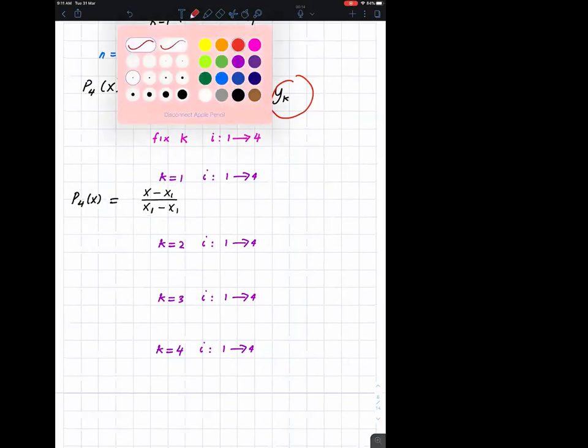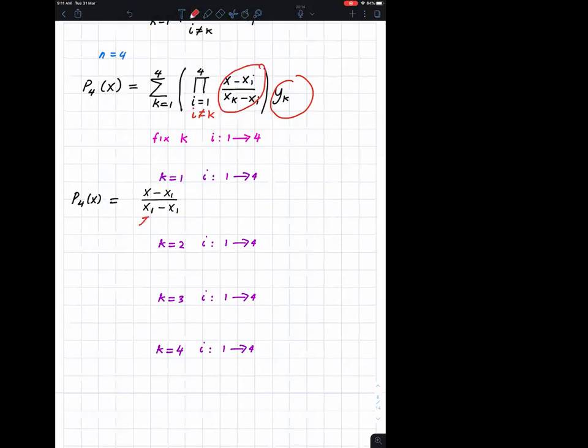Okay, let me back up here. This is k. And this is i. This is i equal to 1, k equal to 1.